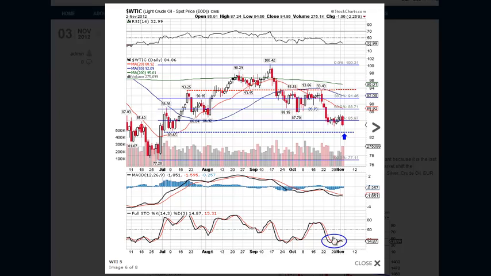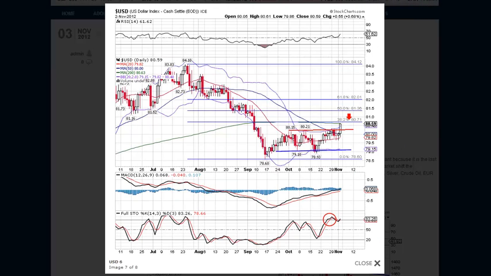Stochastics is oversold, just something for us to watch. The market reaction at the moment is quite significant. I think there is no pricing here for a geopolitical risk at the moment as well.